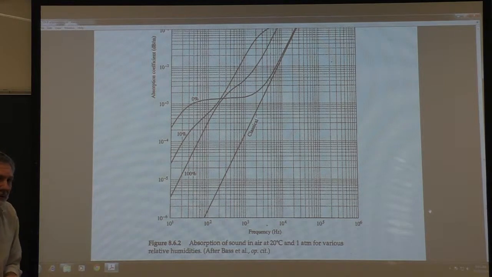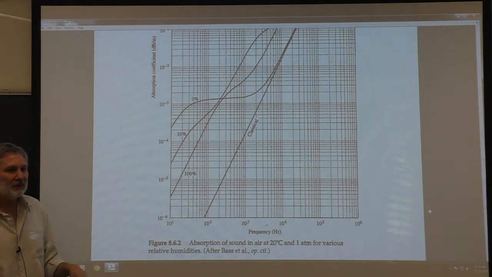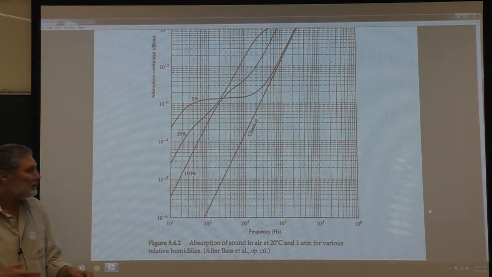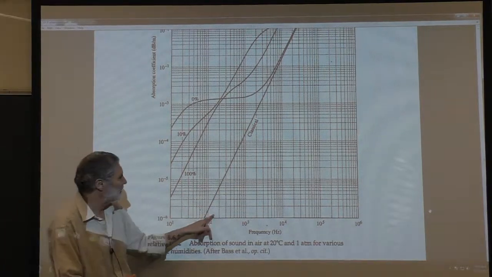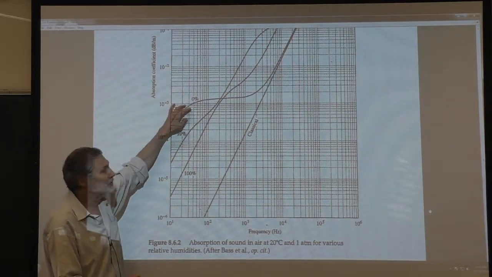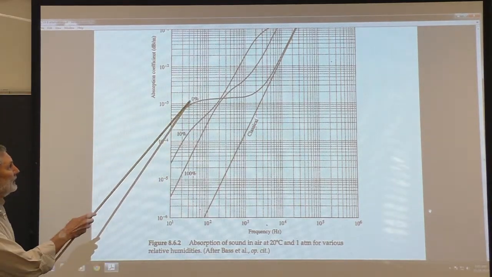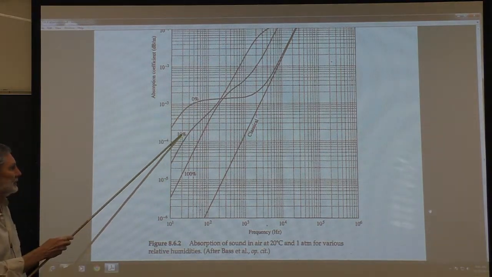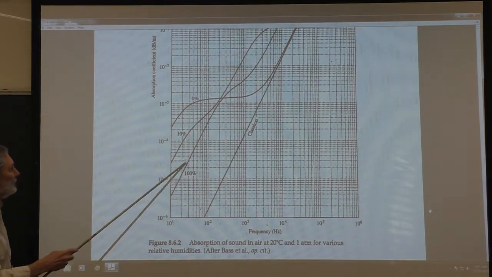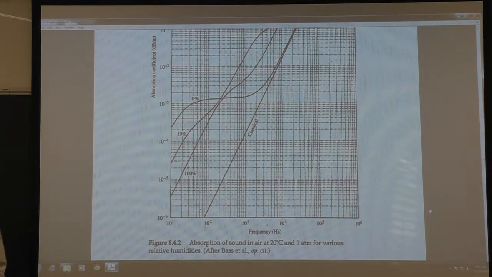So often, when you want to approximately calculate the attenuation of sound, you can just go on this graph and pick out an approximate value based on the relative humidity, 0%, 10%, 100%. And you can roughly interpolate if you want. So that gets a lot of people by.